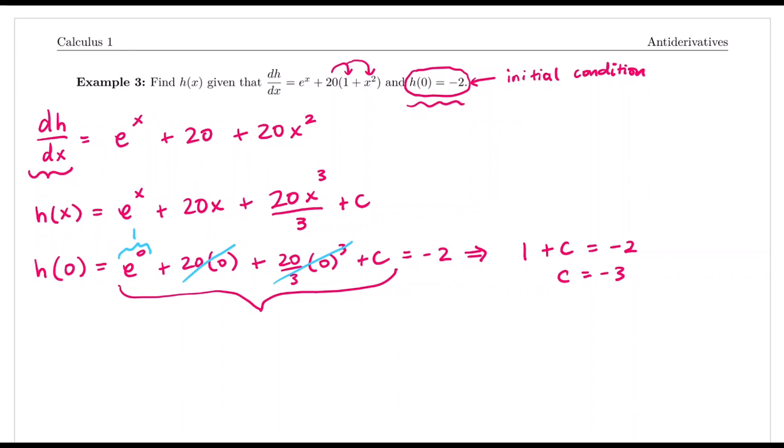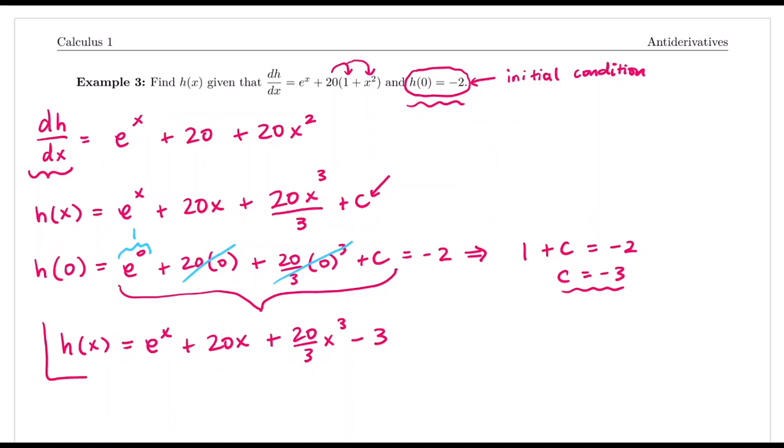Now I can put all of this information together, and we get that h of x is equal to e to the power of x plus 20x plus 20 over 3 x cubed, and we found that our constant of integration, c, is equal to -3, so I'm going to put -3 here at the end.